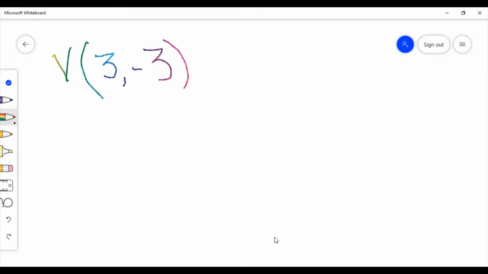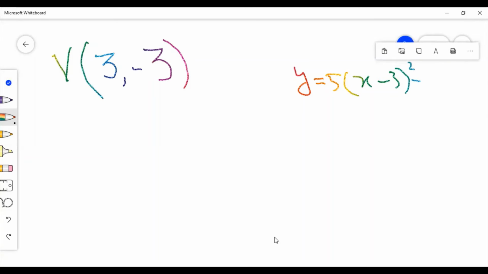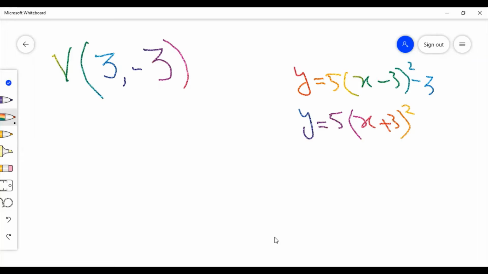Four choices are given. Choice 1 is y equals 5 into (x minus 3) whole square minus 3. The second equation is y equals 5 (x plus 3) whole square minus 3.